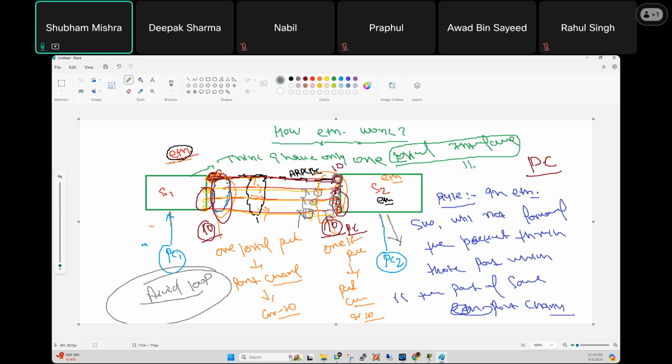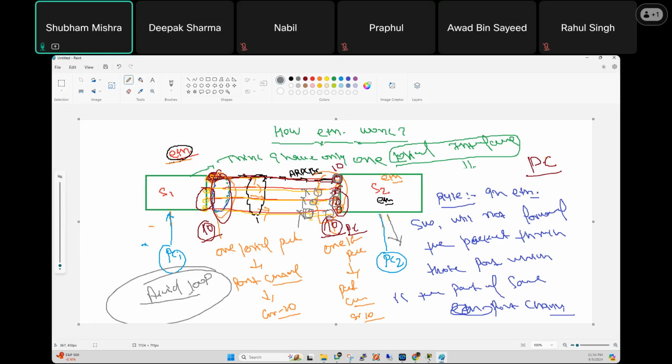And how does EtherChannel behave, how will a loop be created in EtherChannel, and what is the rule to avoid the loop? That is called the loop avoidance mechanism. Understand, everyone? This was something about EtherChannel. Clear, everyone?